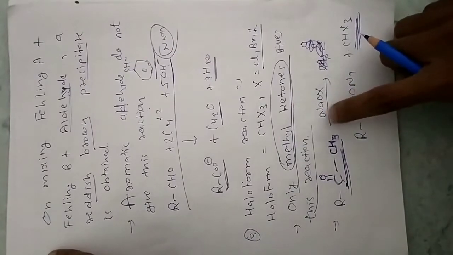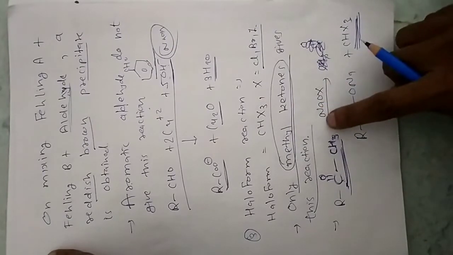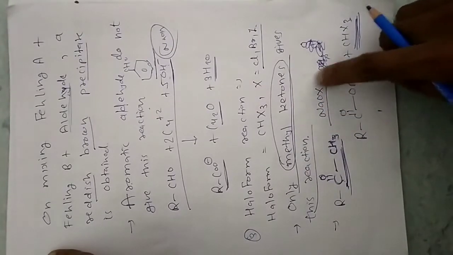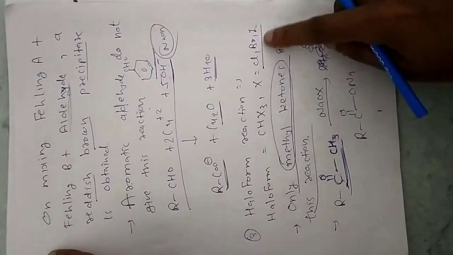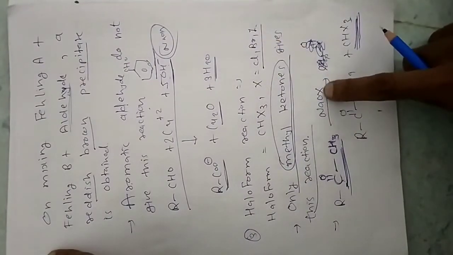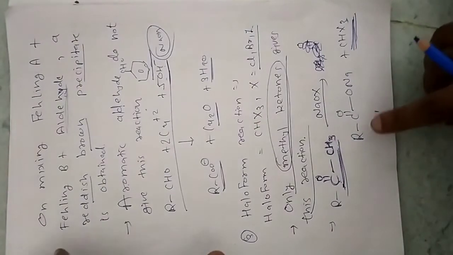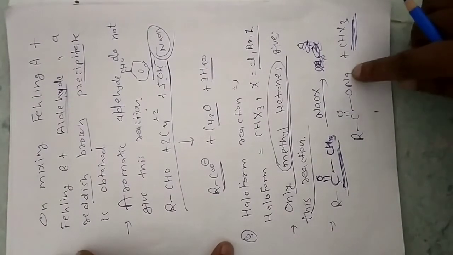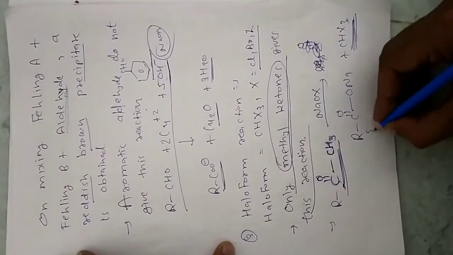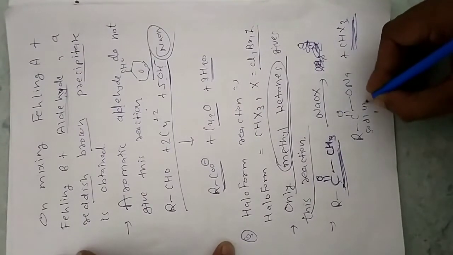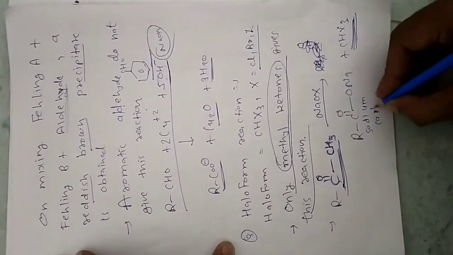So that is called methyl ketone. When it reacts with sodium hypohalide NaOX, instead of X you can take any of these three. When it reacts with sodium hypohalide, it gives us RC double bond ONa, meaning sodium carboxylate.